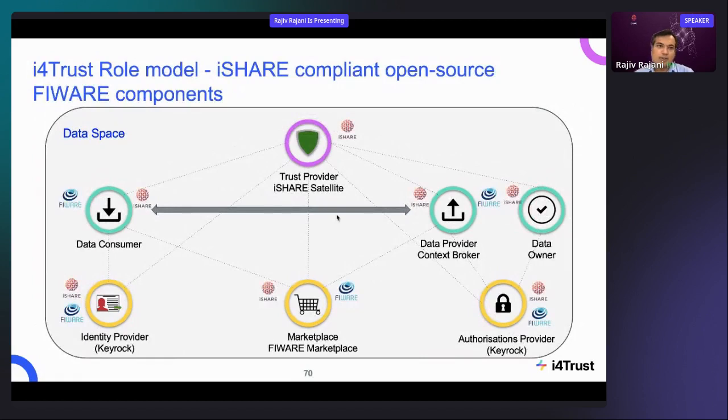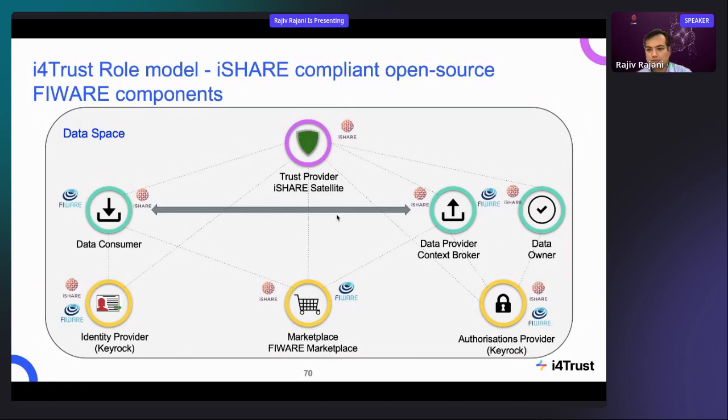But in the iForTrust role model, all the components needed to play any of these roles are provided as open source components, which are compliant with the iShare framework, and are provided by Fiware. So they allow you to do data interoperability and data value creation at the same time.